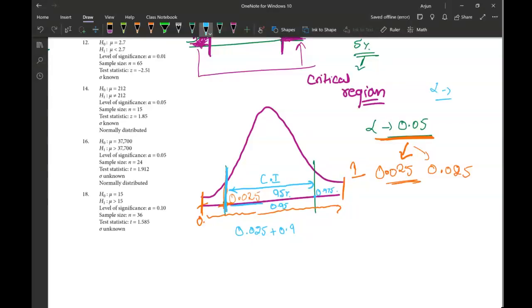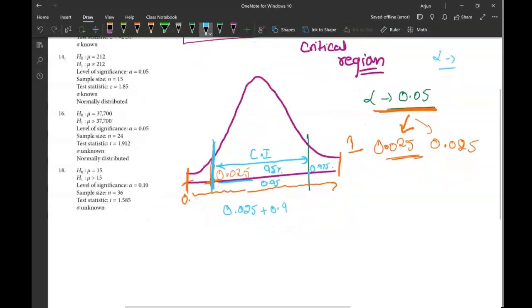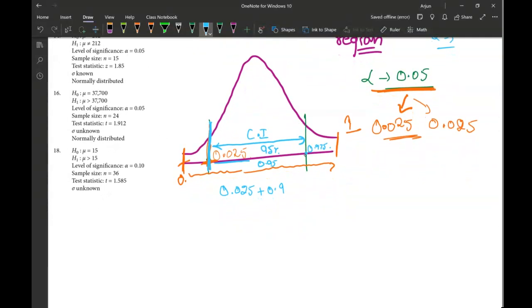But if you're still struggling, I highly recommend watching the previous videos. Now, the probability value here is 0.025, and I will find the corresponding z-score. The z-score here will come out to be negative 1.96, and on the right-hand side, this z value will be positive 1.96. These values are the critical values.